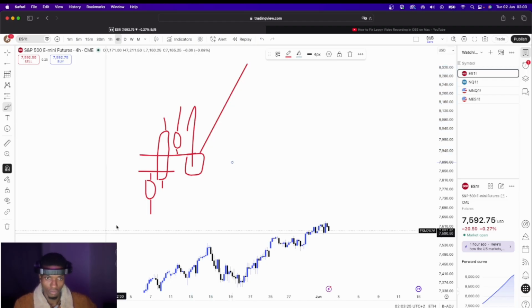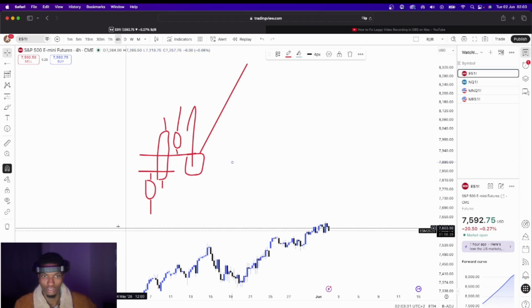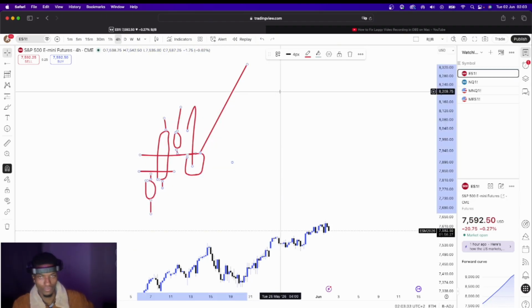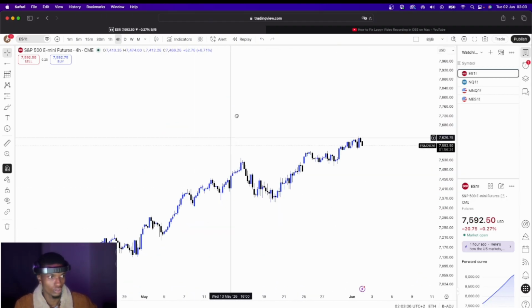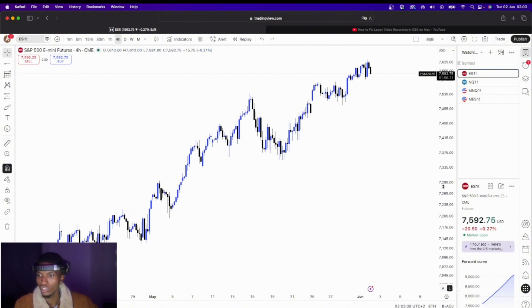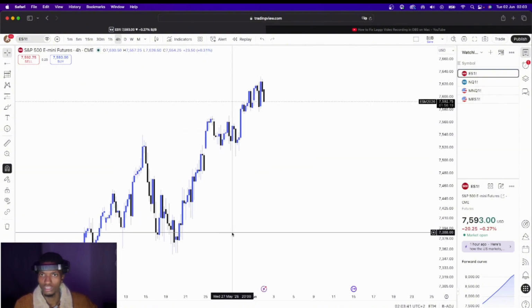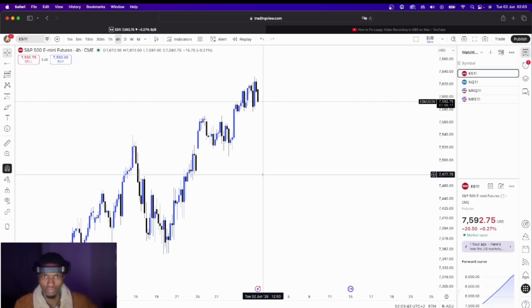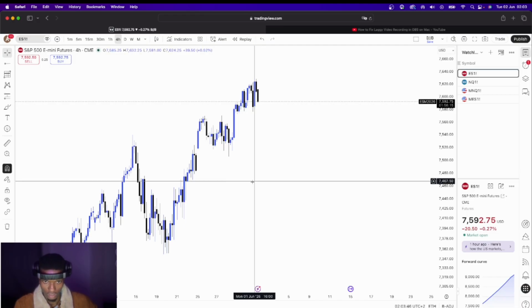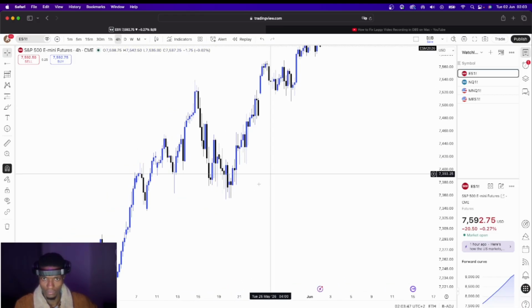For now, let me show you real chart examples of fair value gaps. Let me remove this. Okay, there we go. Let's start somewhere here. Let's see if we can find any. Okay, there we have one here.